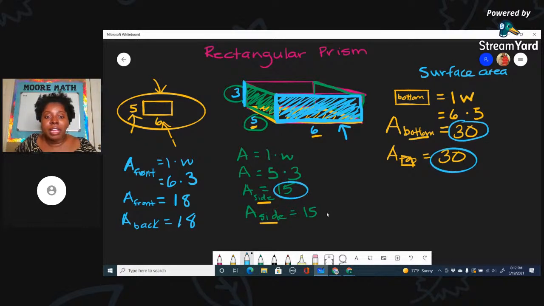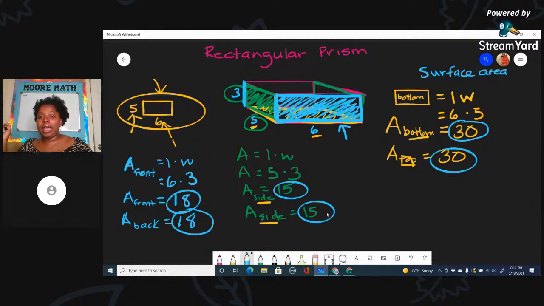So we found the area of all the sides. Remember, surface area is adding all of the sides. Now for this unit in your class, does your teacher allow calculators for this unit? Yeah. Okay, so go ahead and plug this into the calculator. So 30 plus 30.